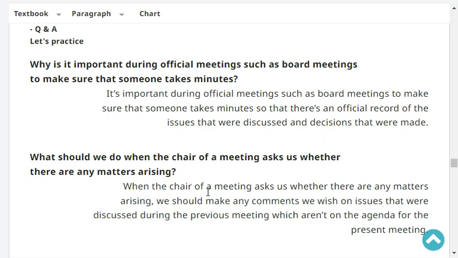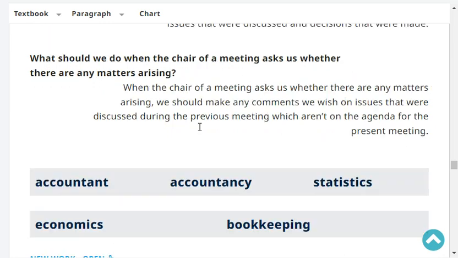When the chair of a meeting asks us whether there are any matters arising, we should make any comments we wish on issues that were discussed during the previous meeting, which aren't on the agenda for the present meeting. Very good.